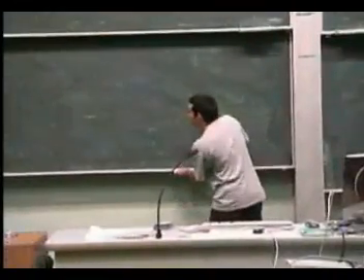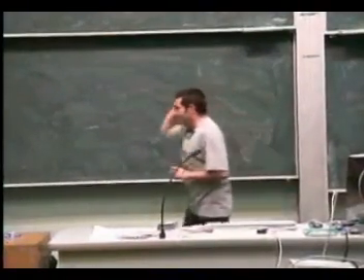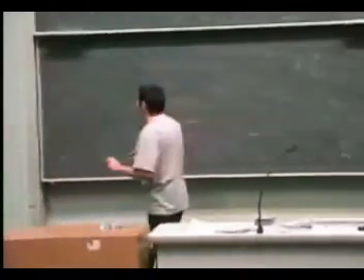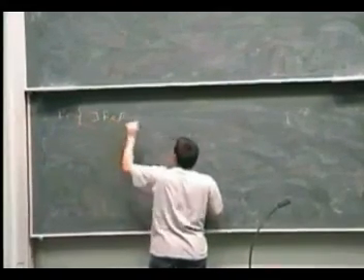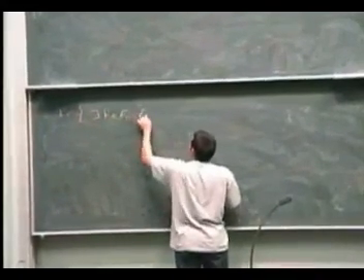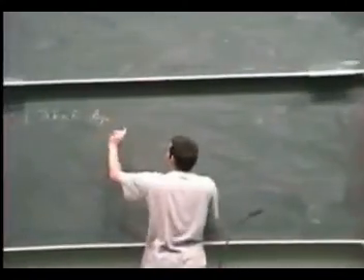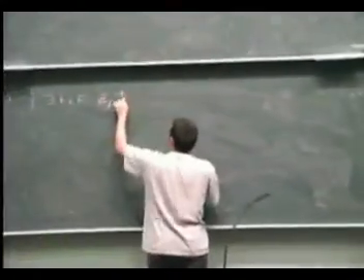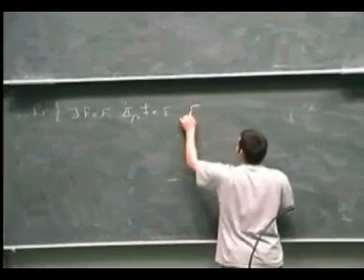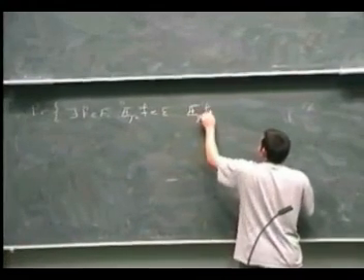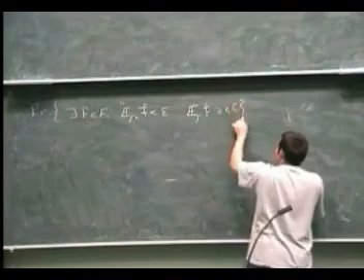Now, let me just remind you of a few things we did yesterday. I tried to convince you that our aim is to estimate the probability that there exists a function in the class with the property that the empirical expectation is small, but the actual expectation is large.